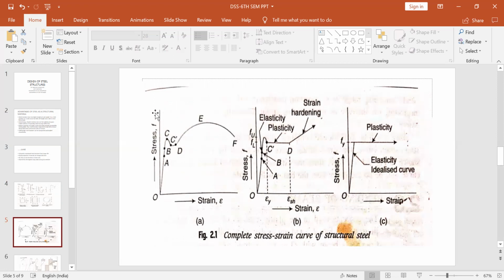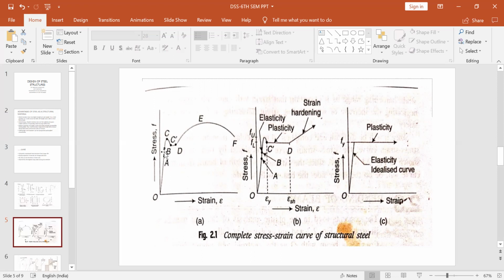This axis shows the stress, this axis shows the strain. Initially, stress and strain go in a linear way up to point A. The strain produced is proportional to stress and it obeys Hooke's law. Point A represents the limit of proportionality, beyond which the linear variation ceases to occur.